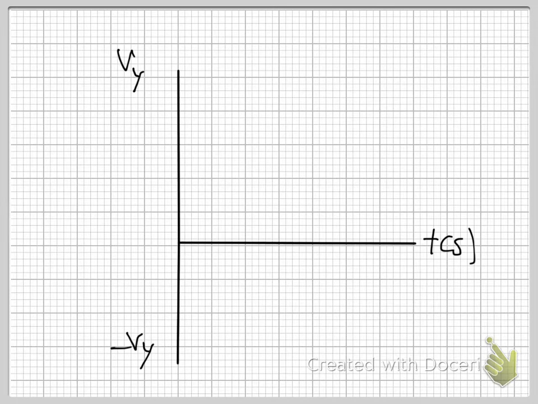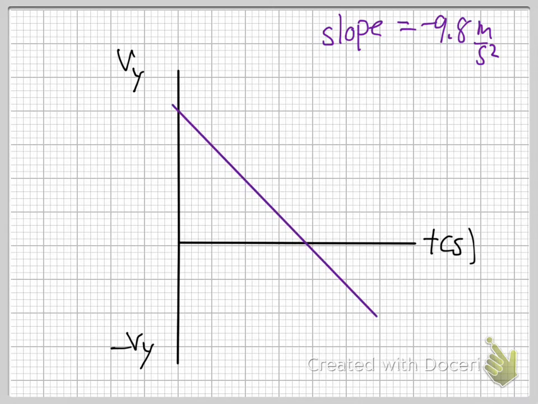Okay, the next graph that you should definitely know is the vertical velocity versus time graph. Let's reflect here that the slope on this velocity graph will equal acceleration. So this must always be equal to -g, so -9.8 meters per second squared on Earth. So in general, you're going to get something that looks like this.